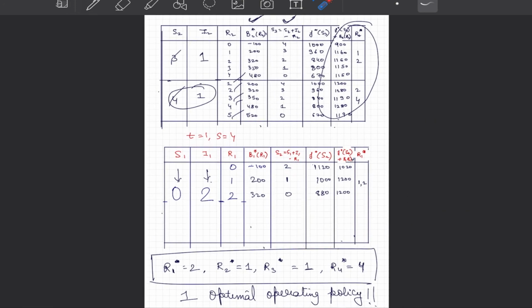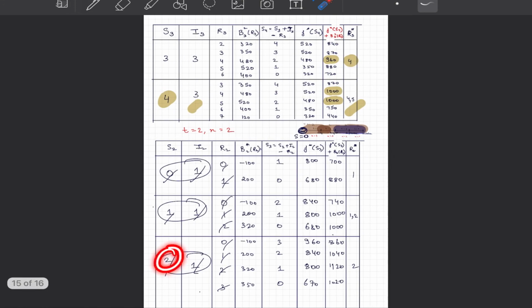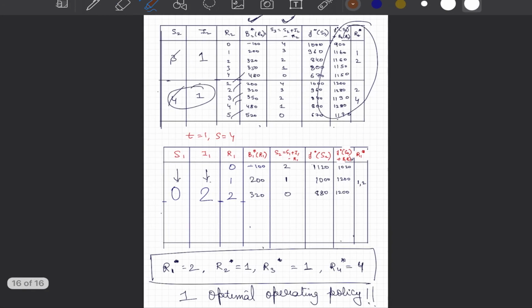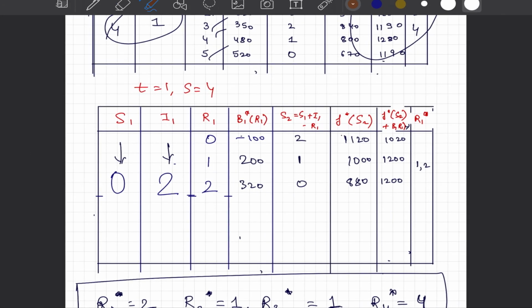If our storage is 2, we go back to the previous table because we have already solved for the entire system downstream, and we clearly see that the maximum gain that we are going to get is 1120 from that table. So we will highlight that and say that 1120 is the maximum gain in that table. Then for R1, release is 1.